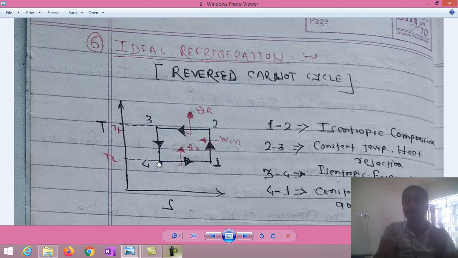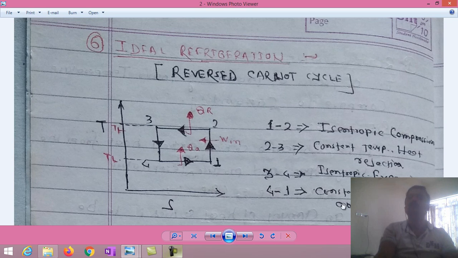So process 1 to 2 is isentropic compression. Process 2 to 3 is constant temperature heat rejection. Process 3 to 4 is isentropic expansion, and process 4 to 1 is constant temperature heat absorption. Right? So this is the reverse Carnot refrigeration cycle on the TS plot.